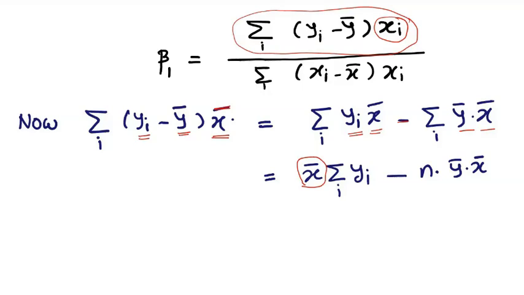But when I say sum over i equal to 1 to n, that means I am adding this number to itself n times. So this will be nothing but n into y bar into x bar. Okay, so this will be n into y bar x bar. Now what will this be? Anybody?